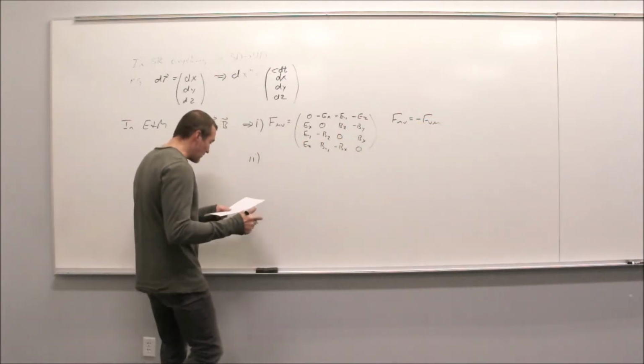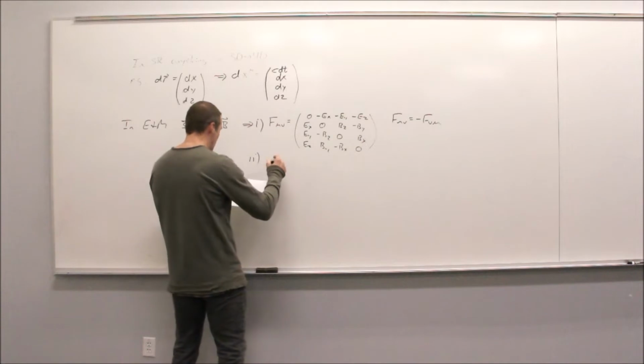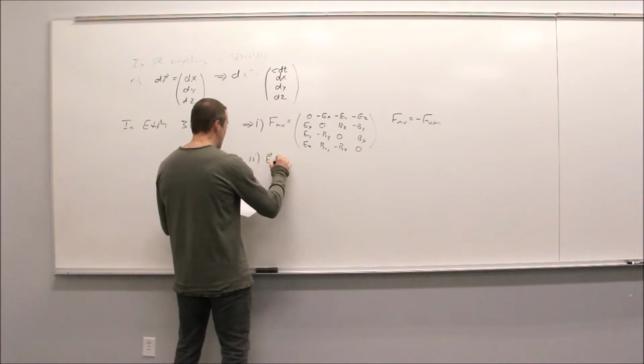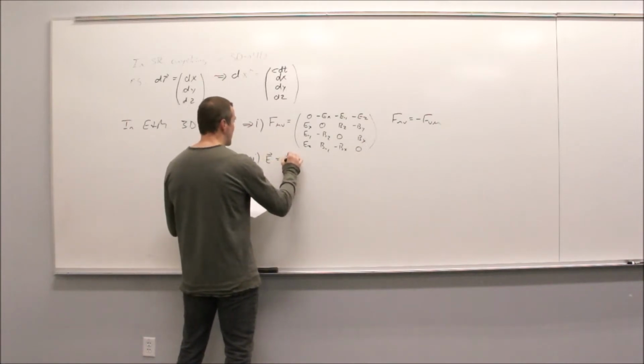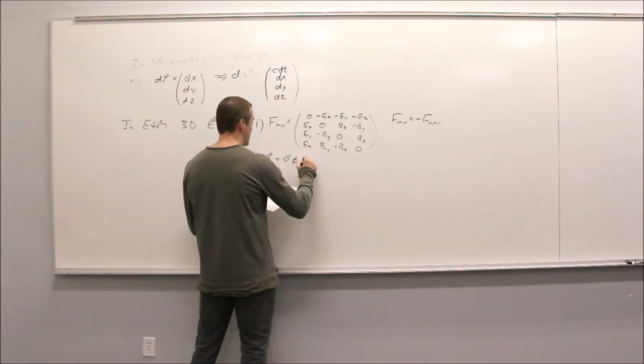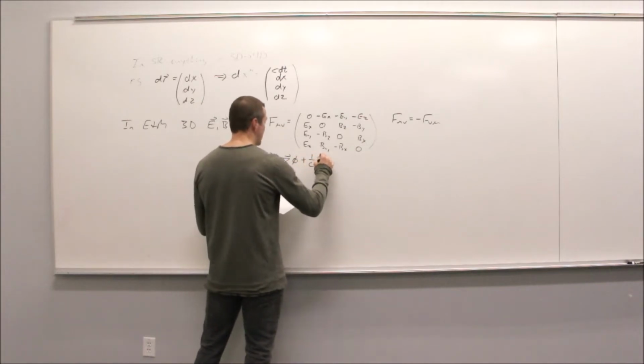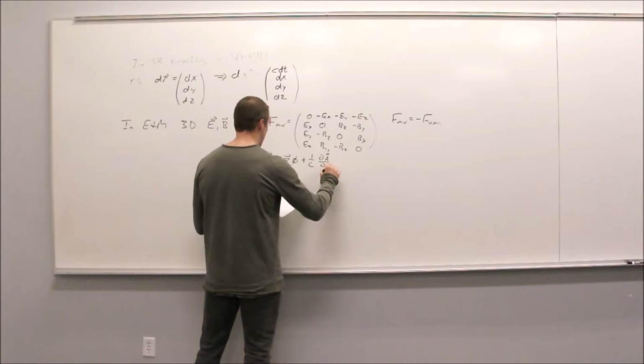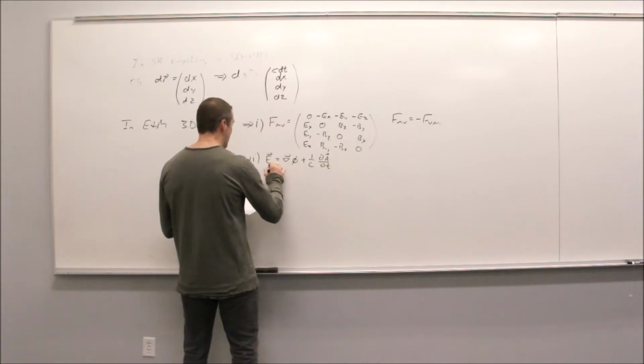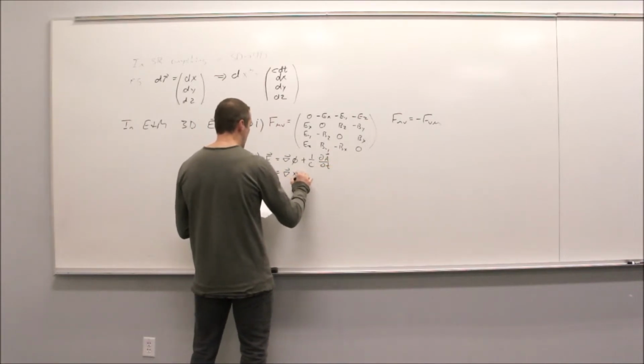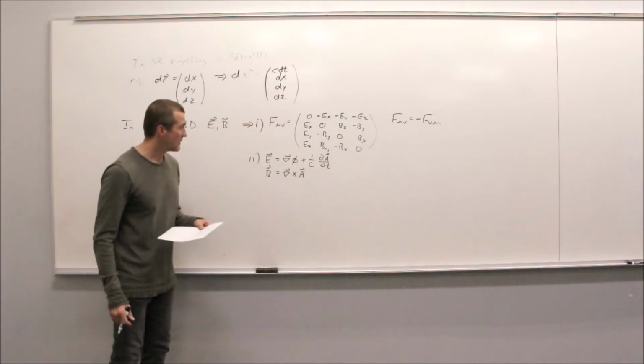Which is to say, okay, well, remember that the electric field you can build from the gradient of a scalar field plus the time derivative of a vector field. And the magnetic field you can get from the curl of a vector field.